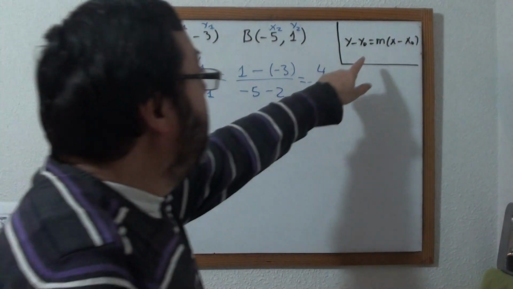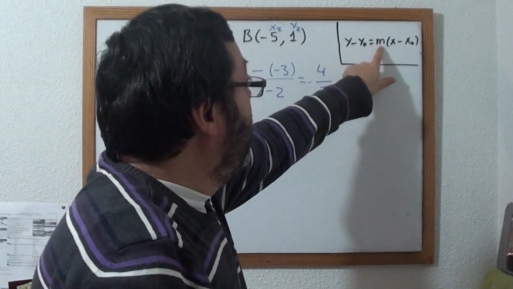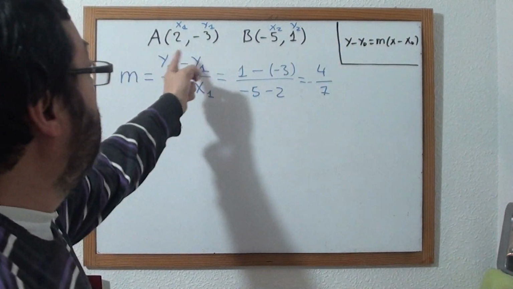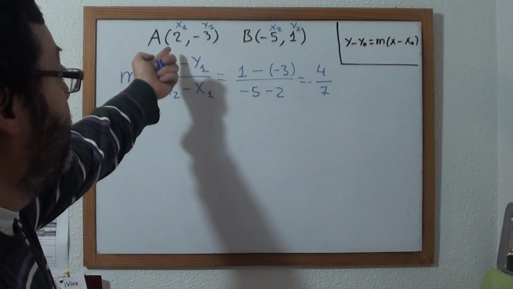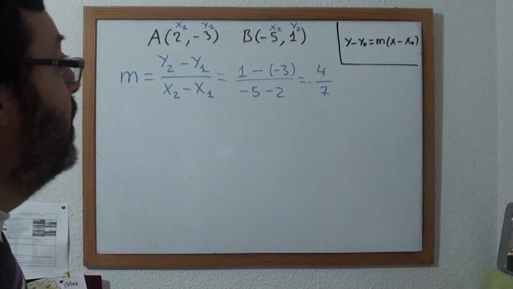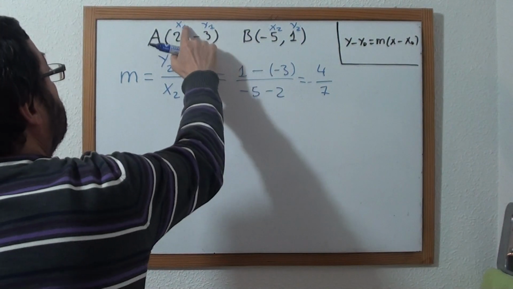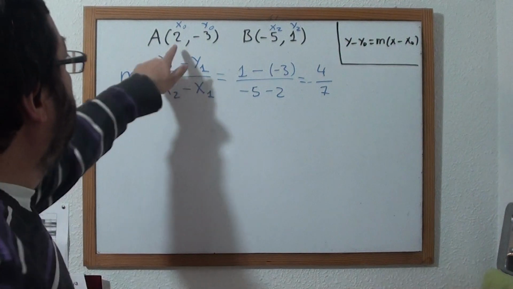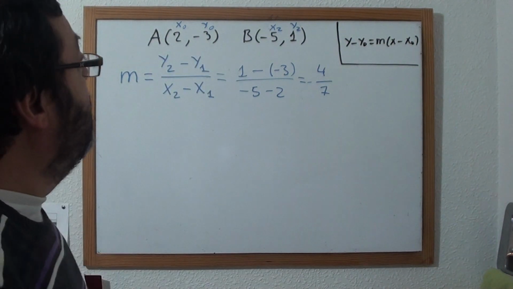And now we apply this formula. Now I have the slope m, and the coordinates x0 and y0 are going to be the coordinates of one of these 2 points. It doesn't matter which. I'm going to pick A, for instance, but it could be B. So in this case, x0 becomes 2 and y0 becomes minus 3.